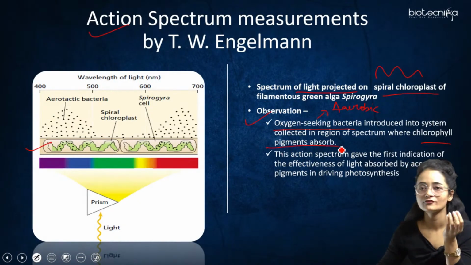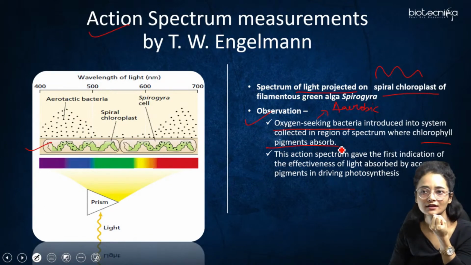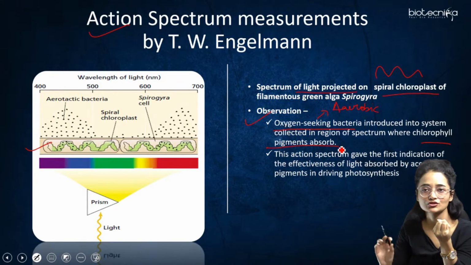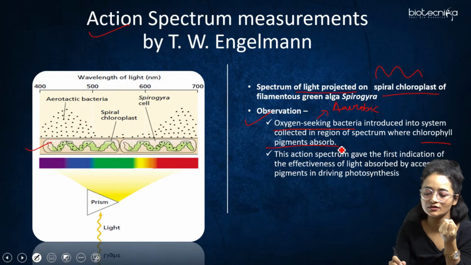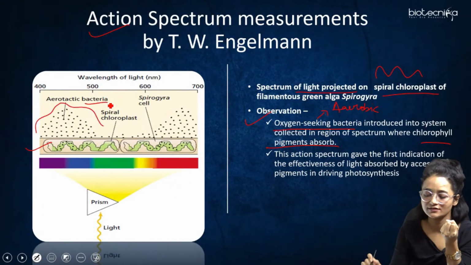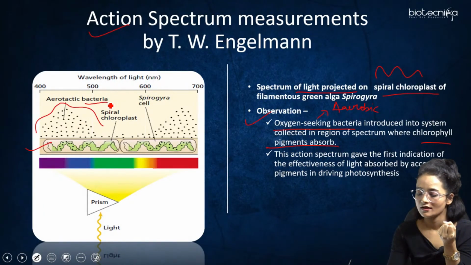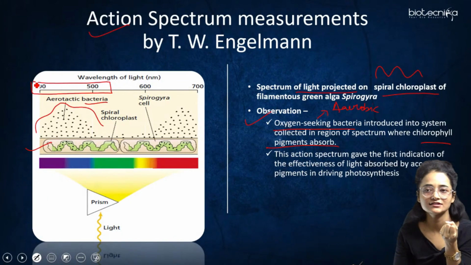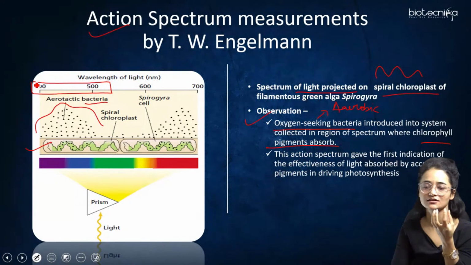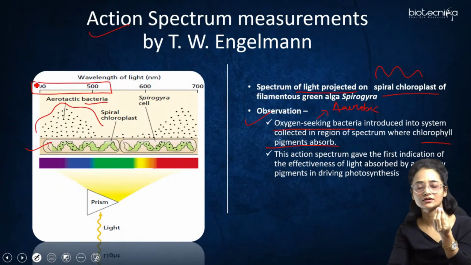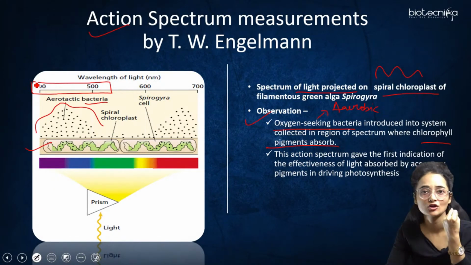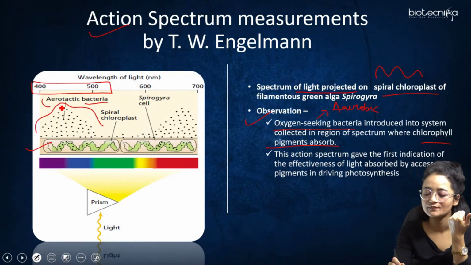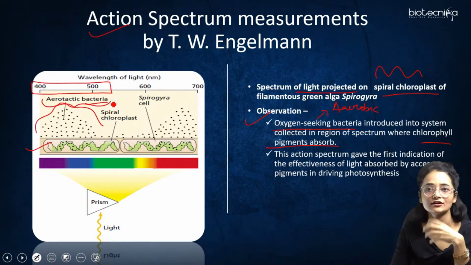Wherever the pigments were absorbing the light, at that particular portion only, these aerobic bacteria were clustering. It ranged from 400 to 500 nanometer, you can see, right? This is the wavelength range in which the pigments absorb light, and here the aerobic bacteria were accumulating and growing.